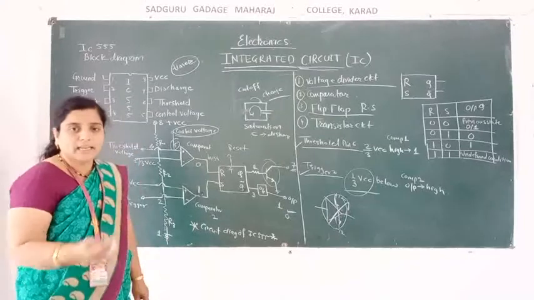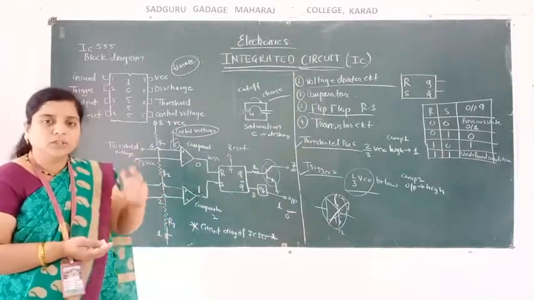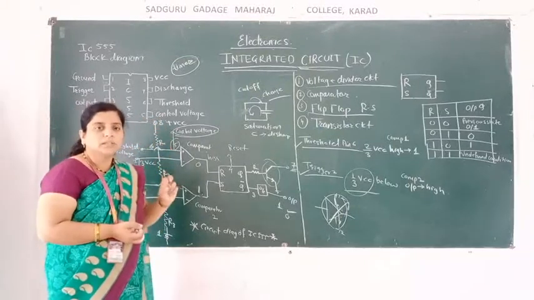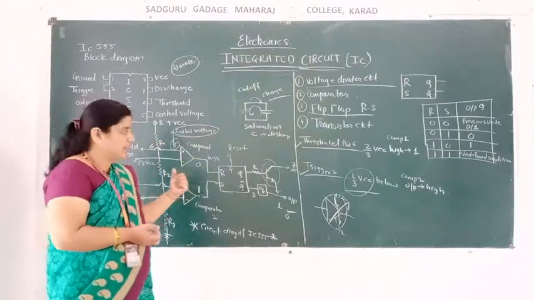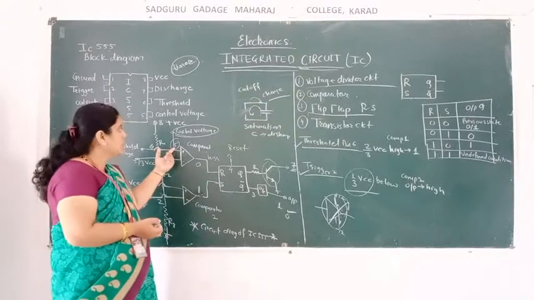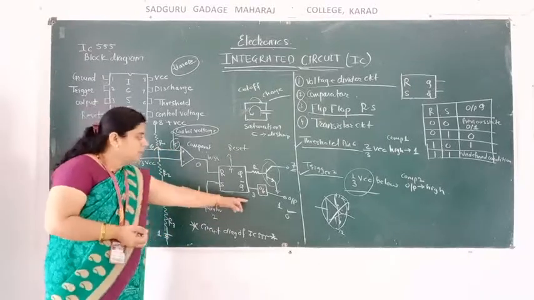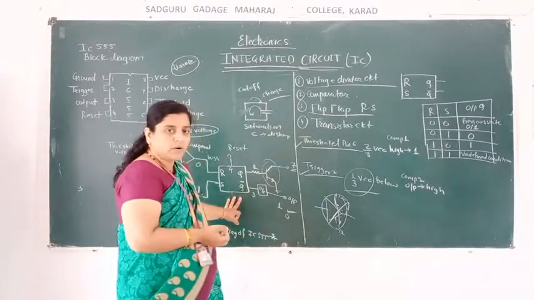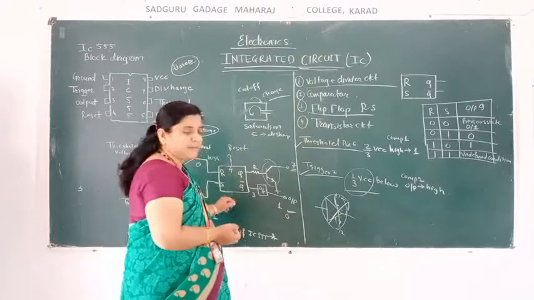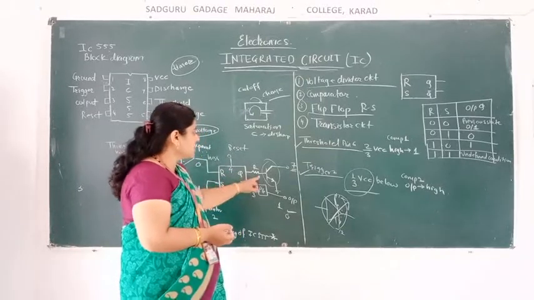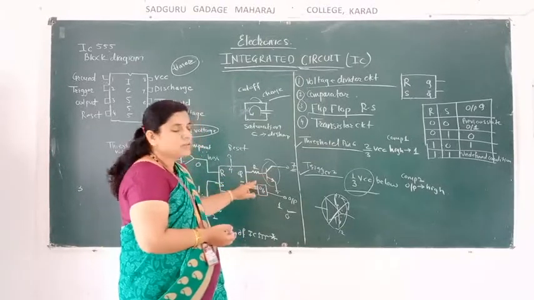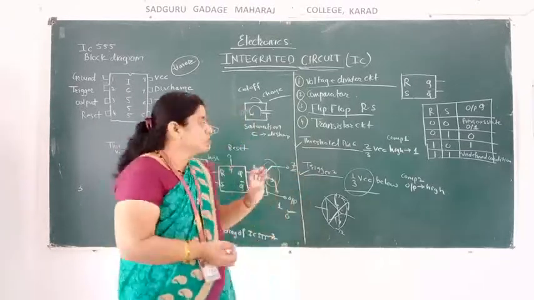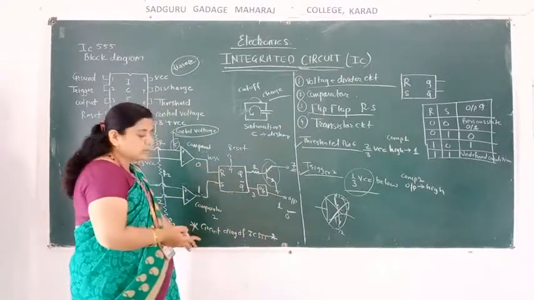So voltage or timing can be controlled by using this pin number 5. It will control the charging time and discharging time. And this pin number 3 gives us the output of this flip-flop. An RS flip-flop is used, and the Q is connected with the transistor, because here one capacitor is connected to charge and discharge. Okay, so this is the construction of the IC555.